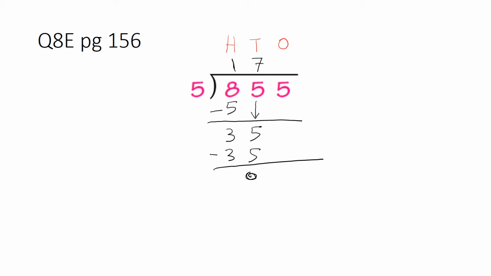And you bring down the next 5. And 1 times 5 gives you 5 ones, and you get 0 over here. This question is different from the first one because it is an odd number, but again, the similarity is that you're having a 3-digit number divided by a single digit.